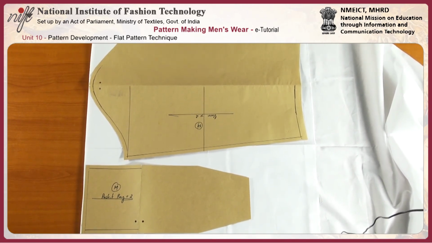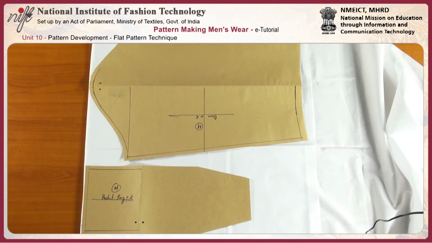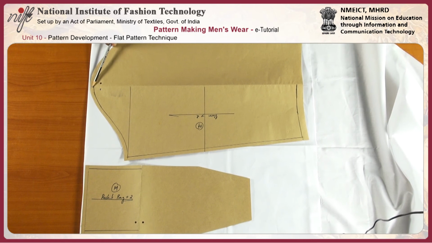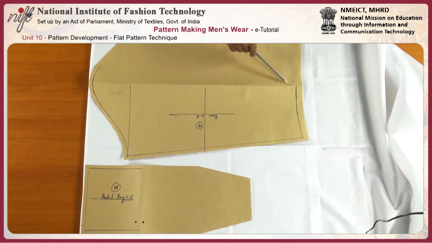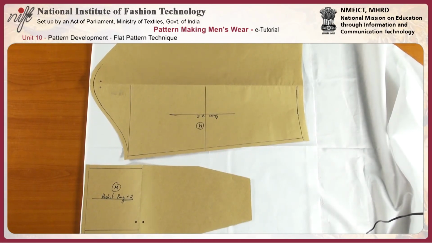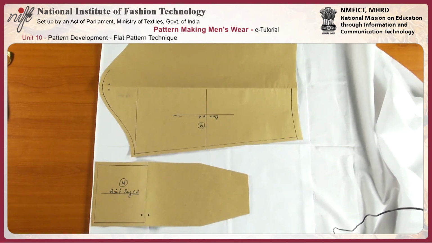So here the distance from the selvage at top sleeve and underneath should be parallel and equal distance. With this lay marker of kurta is complete.